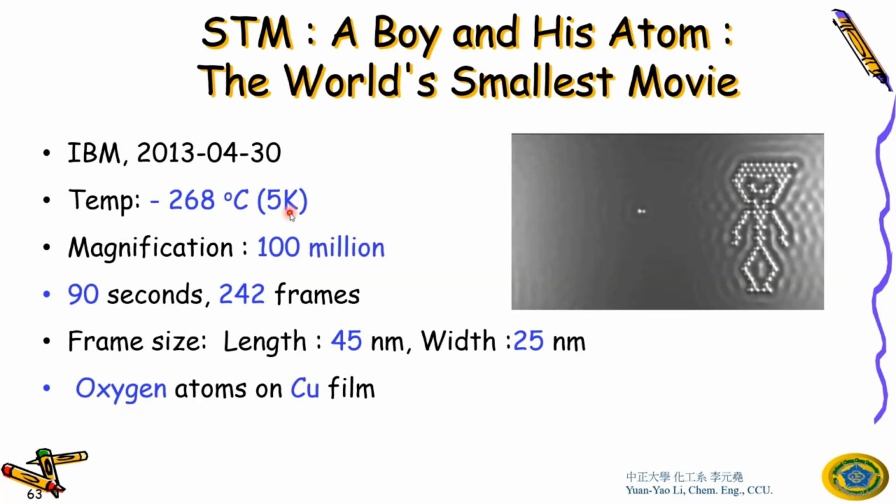The temperature goes down to 5 Kelvin, because you don't want atoms to move, right? So the temperature needs to go very, very low. And in this case, it's about 5 Kelvin. Okay, magnification is about 100 million. Very, very small. And you have 240 frames. And this movie is about 90 seconds. Okay, and this is oxygen. This surface is copper.